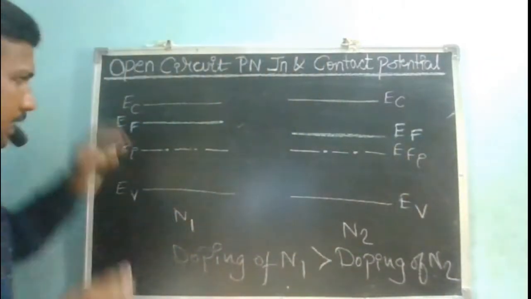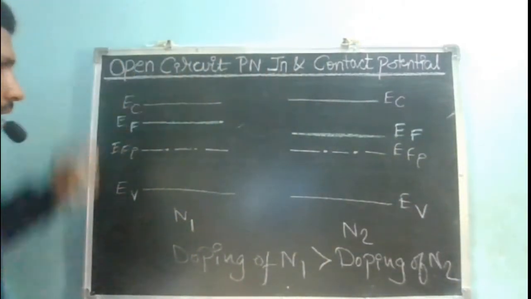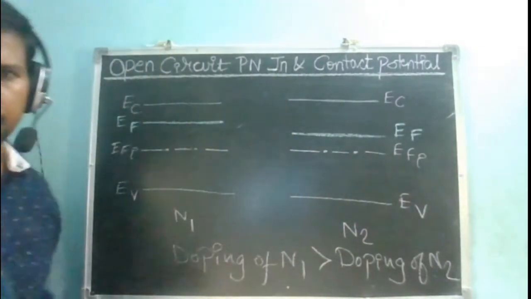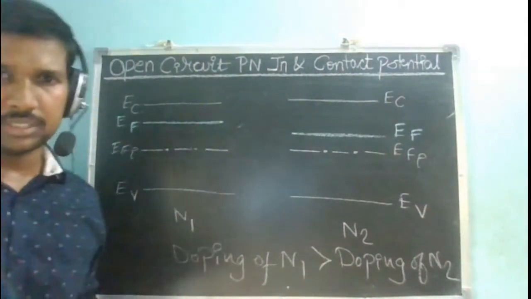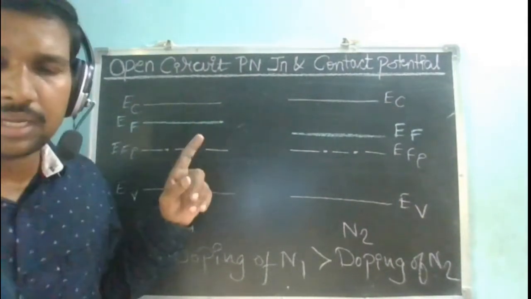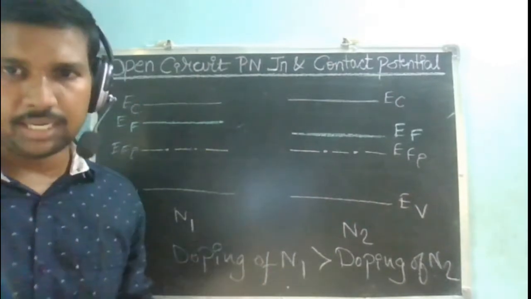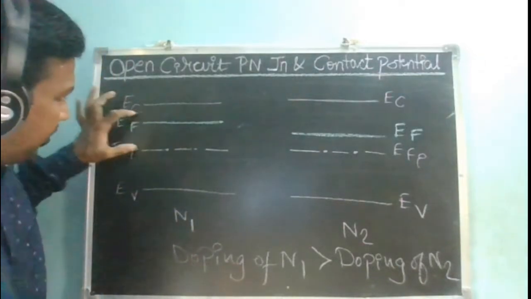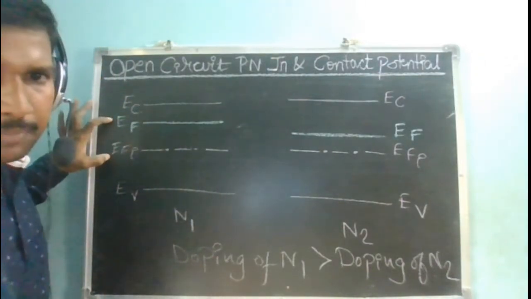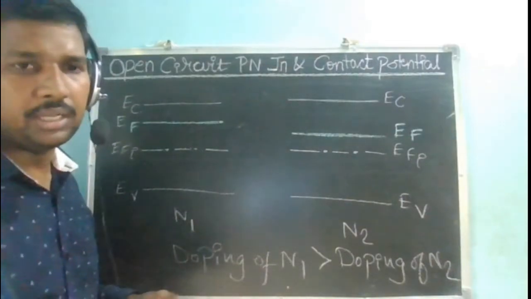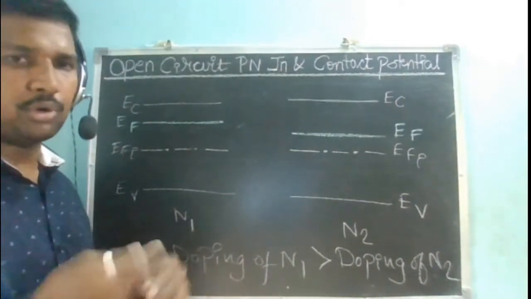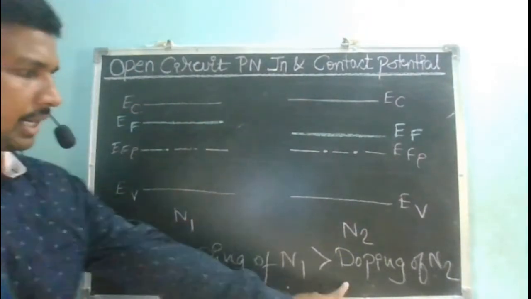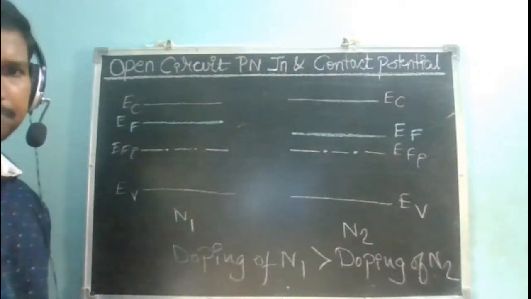I have to look at the distance between EFI and EF, not EC and EF. In your equation, EC minus EF is given by KT ln NC by N, where doping is in the denominator. But EF minus EFI is given by KT ln ND by NC, so the more the doping, the more the distance. So the doping of N1 is greater than the doping of N2. Is my point clear? Yes or no?